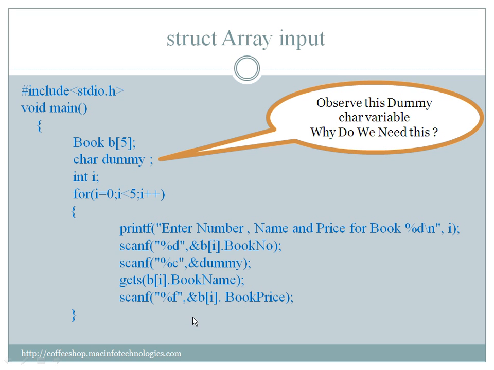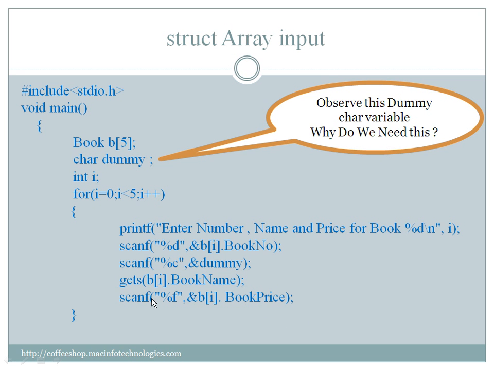So scanf is used to take the book price, and book price is of type float: b of 0 dot book price. Once the loop body is completed, i increments to 1, and 1 less than 5 is true. Again, the values of b of 1 dot book number, b of 1 dot book name, and b of 1 dot book price are retrieved from the user, and then i increments to 2. 2 less than 5 is again true. b of 2 dot book number, b of 2 dot book name, and b of 2 dot book price will be taken from the user.